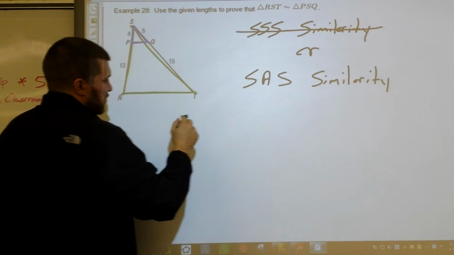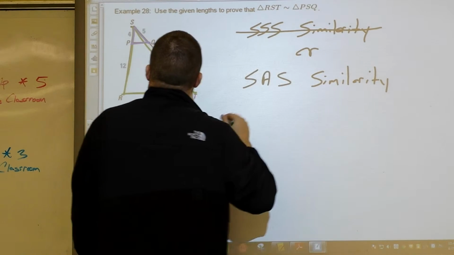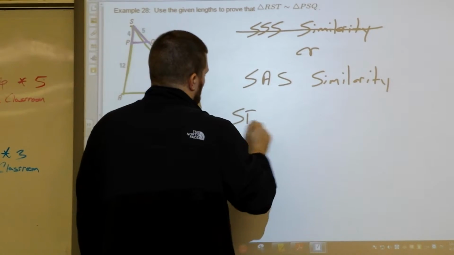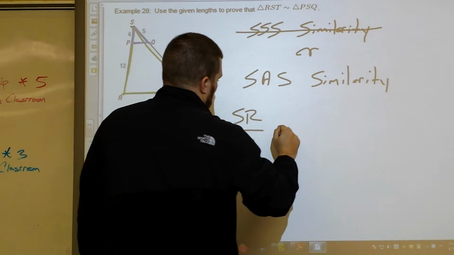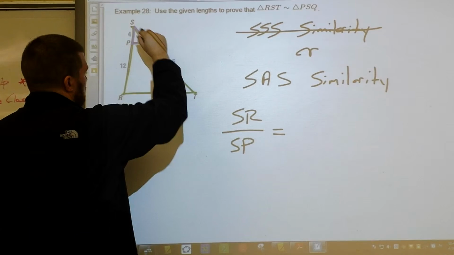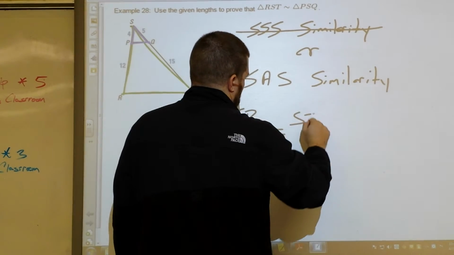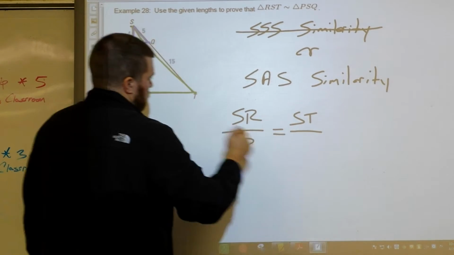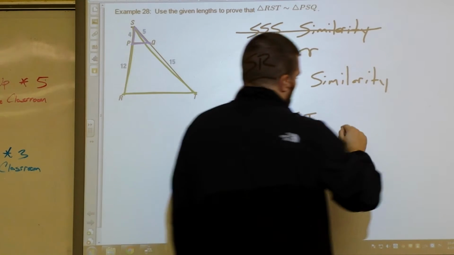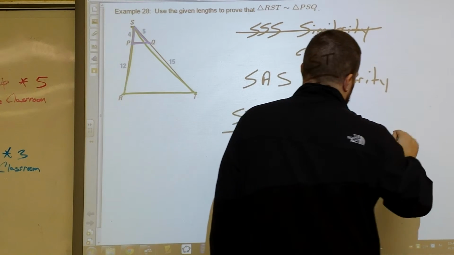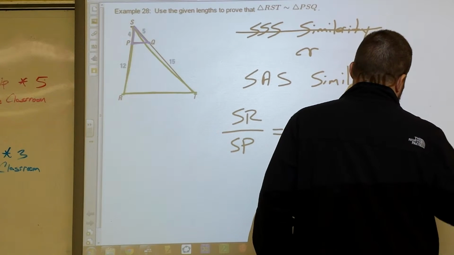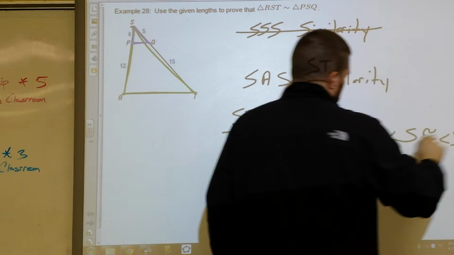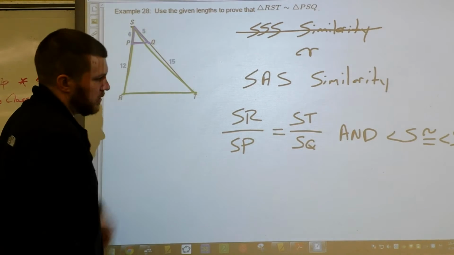So the rule says for side-angle-side similarity, SR over SP has to be equal to ST all over SQ. And angle S is obviously congruent to angle S. So this part's already kind of done for us because these two are the same angle.